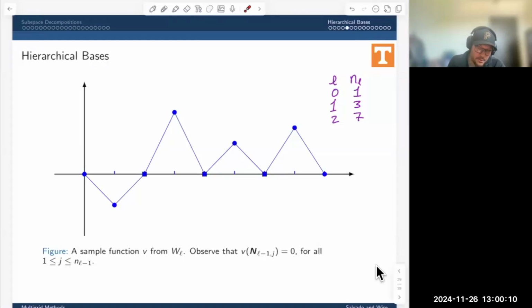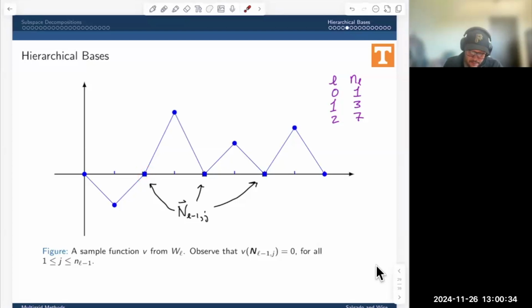So these are all nodes in the nodal set N_{L-1}. And we're going to nullify those. We're not going to allow the function to have a degree of freedom there. We're going to set that function to be equal to 0 precisely.